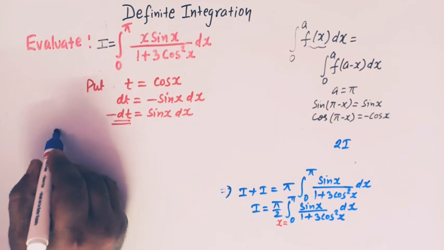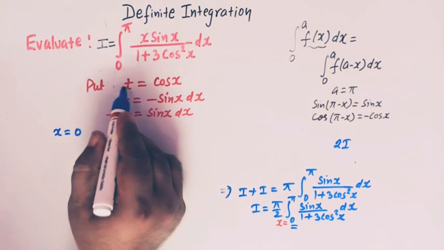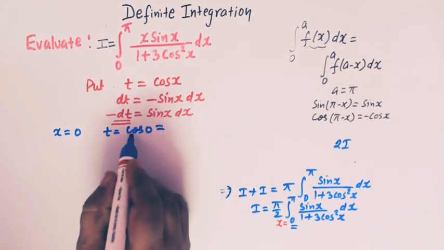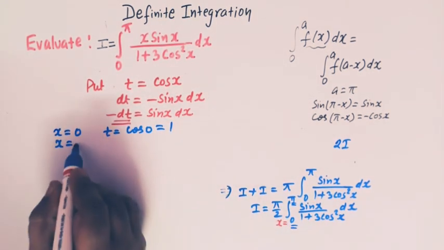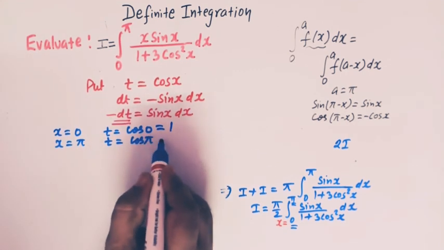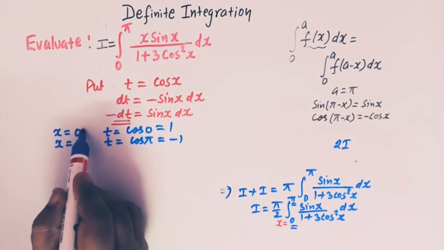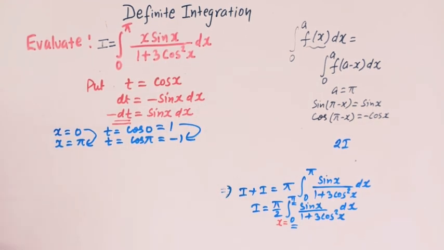So when x is equal to 0, then the value of t is given by cos of 0, and cos of 0 is equal to 1. And when x is equal to pi, then the value of t is cos pi, so this is minus 1, right? So when x goes from 0 to pi, then t goes from 1 to minus 1, right?